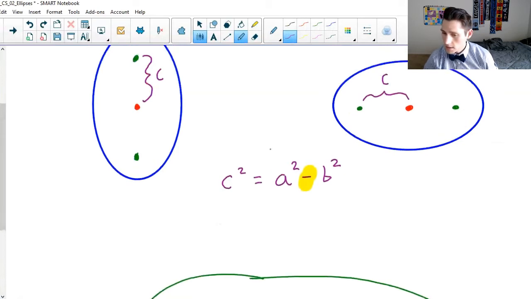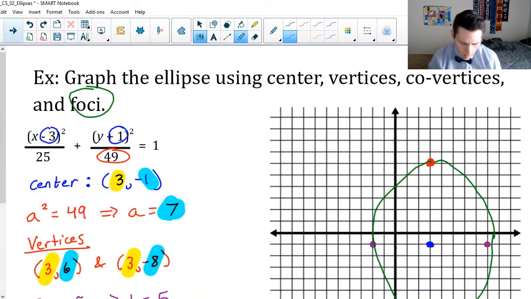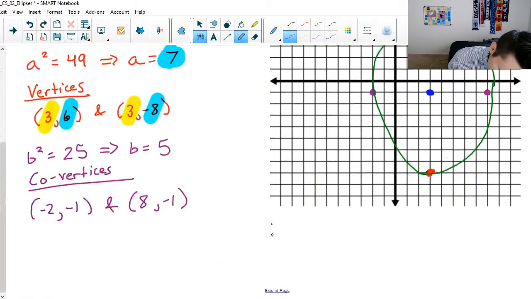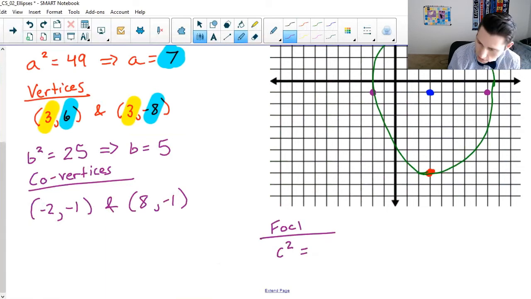All right, so c squared equals a squared minus b squared. Let's do that down here. So foci. First I'll use my formula that I just said. c squared equals a squared, so 49, minus b squared, so minus 25.